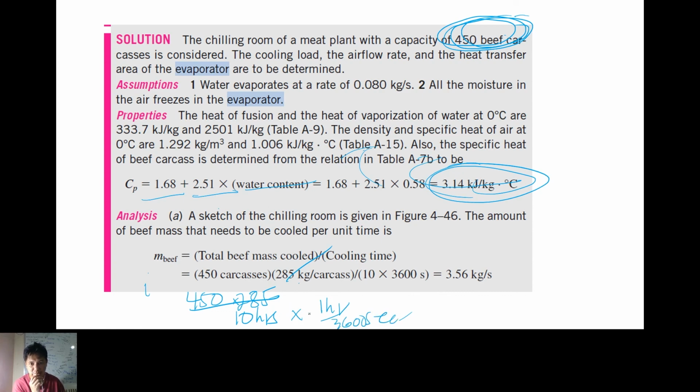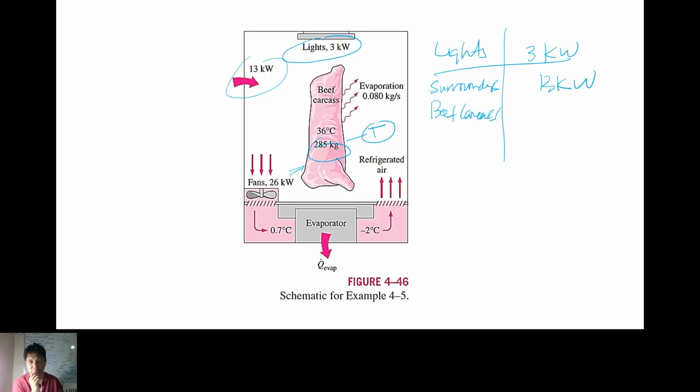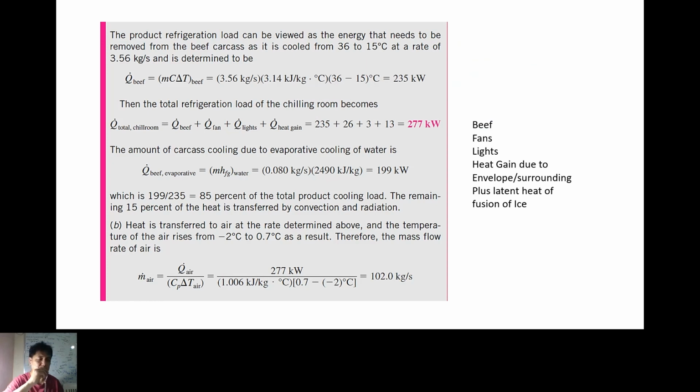The hour and hour cancel, so it becomes kilogram per second. The mass flow rate of the beef is 3.56. That is the energy of the beef. Now, next, how do we get the heat from the beef?